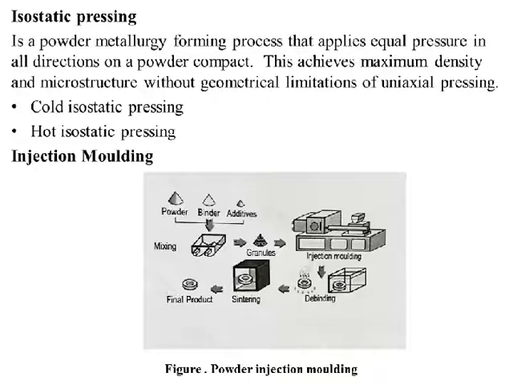Hot isostatic pressing can also be used to eliminate residual porosity. Any porosities that are left during the compaction process can be reduced by using hot isostatic pressing. So isostatic pressing helps us achieve maximum density, and you can carry it out using either cold isostatic pressing or hot isostatic pressing.